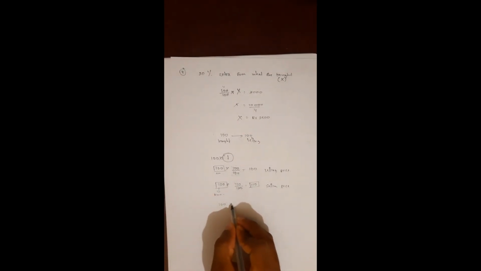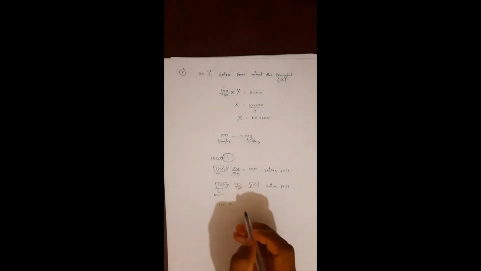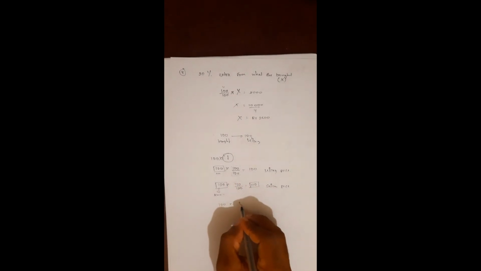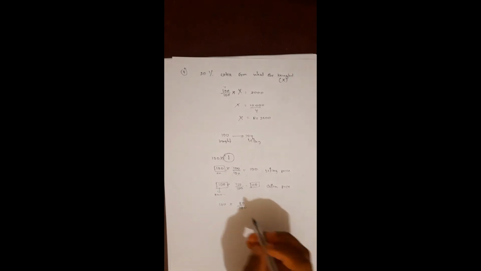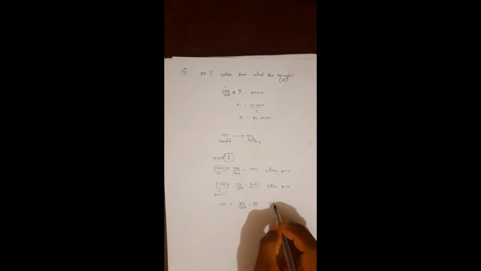So now let's consider that she is selling for a 20 percentage loss. So if 100 is the exact amount, 20 percentage loss is 80. Of total 100 rupees the amount, she has lost 20 percentage. That means here 80. Now the selling price is, so this 100 cancels off, 80 is the selling price.